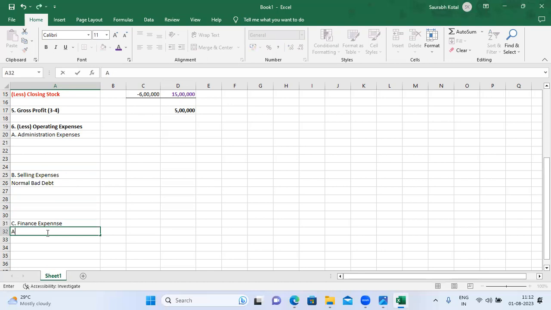But if it is not normal, if it is abnormal bad debt, because it involves money, then it would be finance expenses.